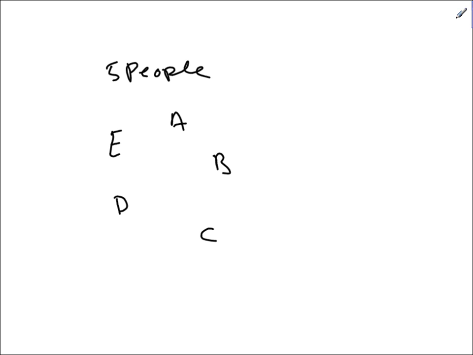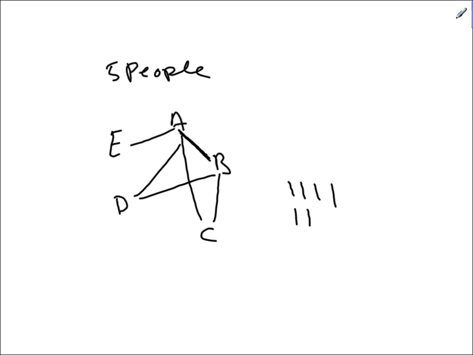And we'll put them in a circle. And we'll see. A shakes hands with B, A shakes hands with C, and D, and E. And B shakes hands with A, but I already have that. So B shakes with C, and B shakes with D, and B shakes with E, and that's done.